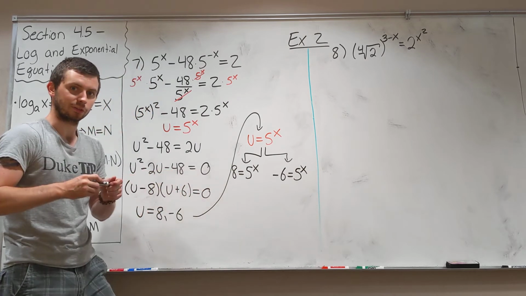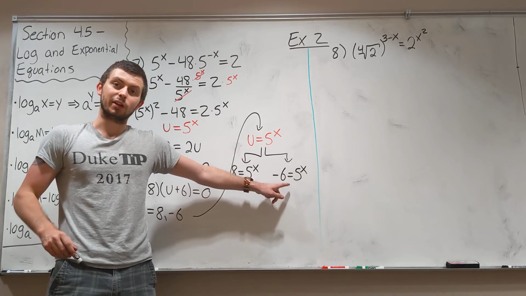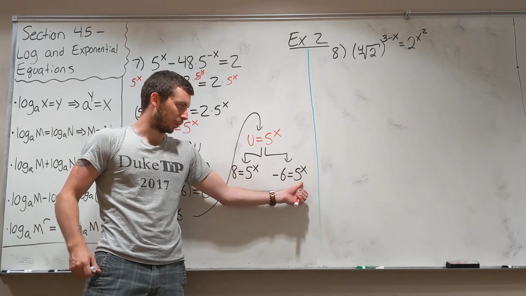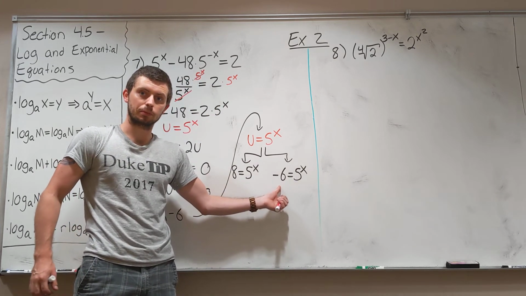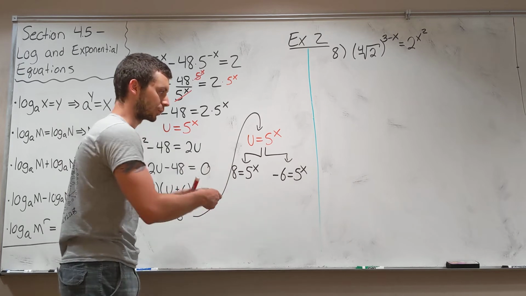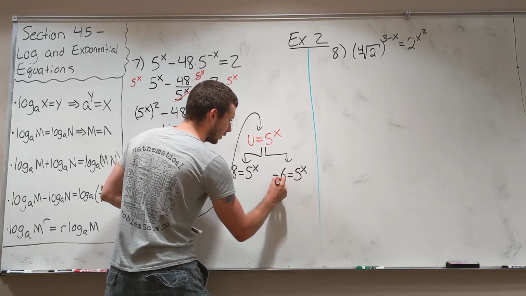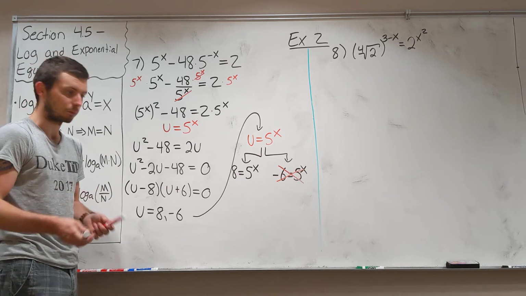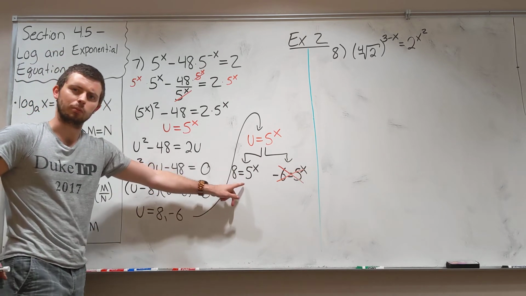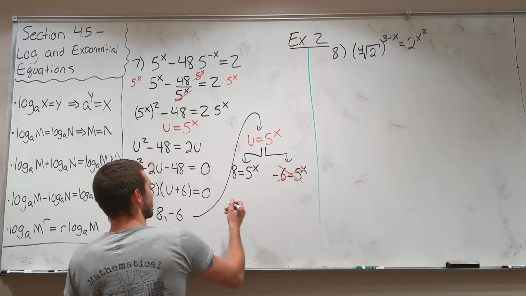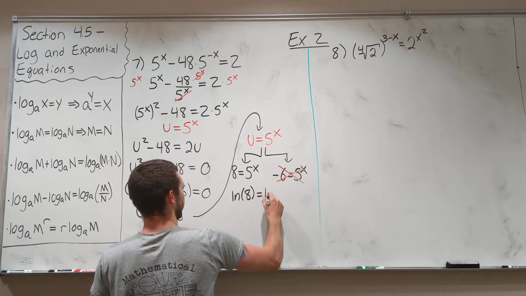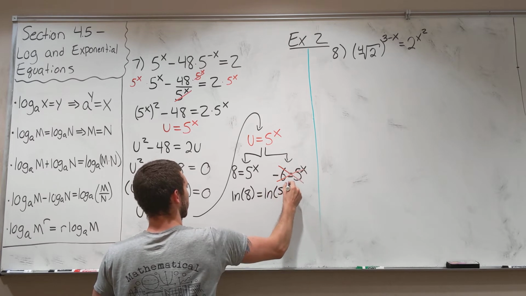But hopefully you can see that the negative 6, we can toss that solution because exponents cannot output a negative, or if you apply the natural log, you would derive that. I won't do it here, but we can toss that solution. So we'll focus on primarily this one, which means just like the previous ones, we apply the natural log.